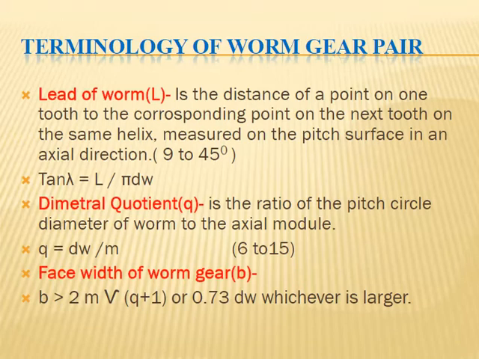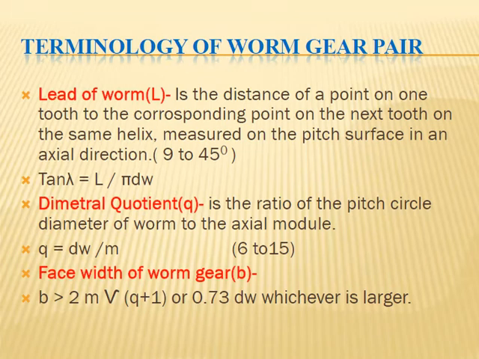And again another concept is the center distance. We know from previous corresponding units the center distance. It is the shortest distance between the axis of worm and worm gear, and it is the radius plus radius. The pitch circle diameter of the worm divided by 2 plus the PCD of the gear divided by 2.